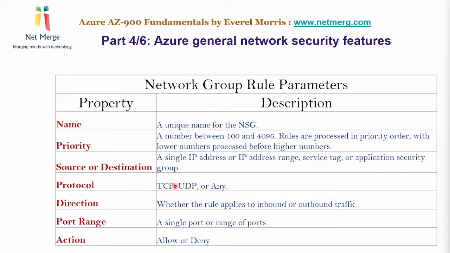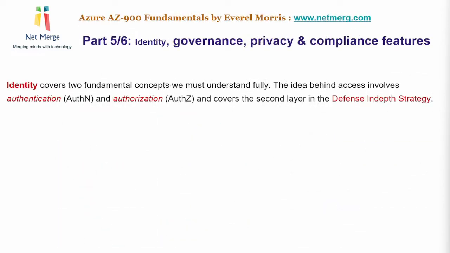You also need a protocol, TCP, UDP, or any other protocol. You need a direction, whether it's inbound or outbound, and a port or a range of ports that you want to open or close. You also want an action, whether to allow or deny access based on that rule. So that's an example and an idea of how an NSG is set up.